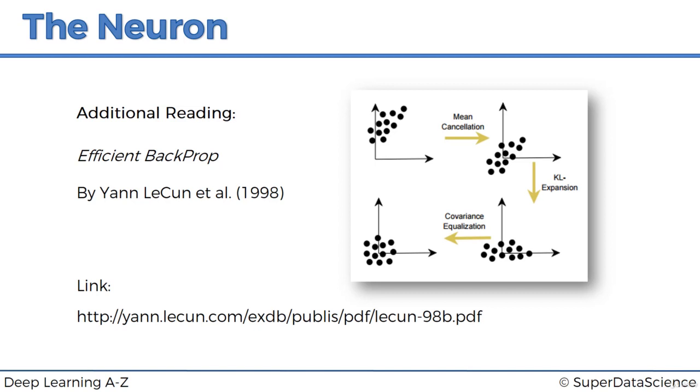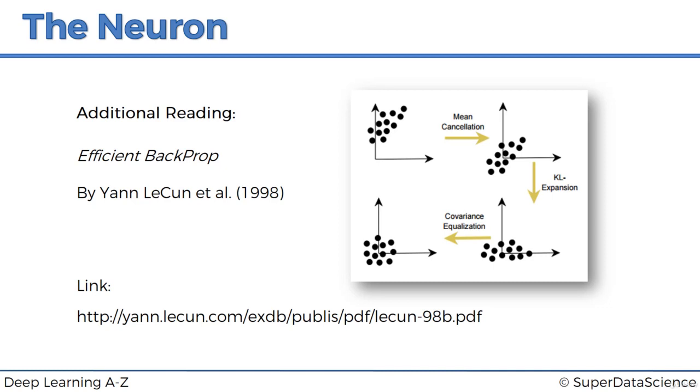He's a close friend of Geoffrey Hinton, who we've already mentioned. So in this paper, you'll learn more about standardization and normalization, but also you can pick up lots of other different tips and tricks, and it'll be a good source for additional reading as you go through this course. So check it out if you're interested in some additional reading.